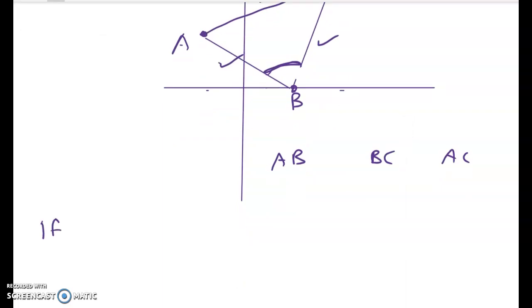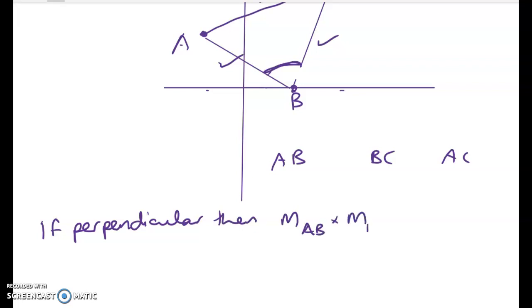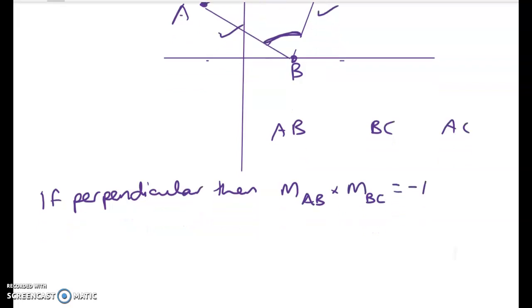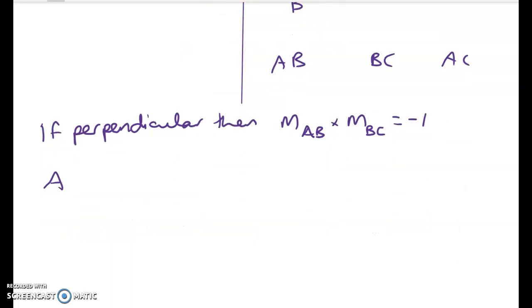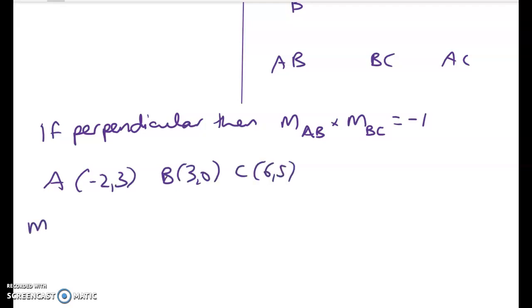So if perpendicular, then we have the gradient between A and B times the gradient between B and C must equal -1. So what's A? Well, A is -2, 3, B is 3, 0, and C is 6, 5.